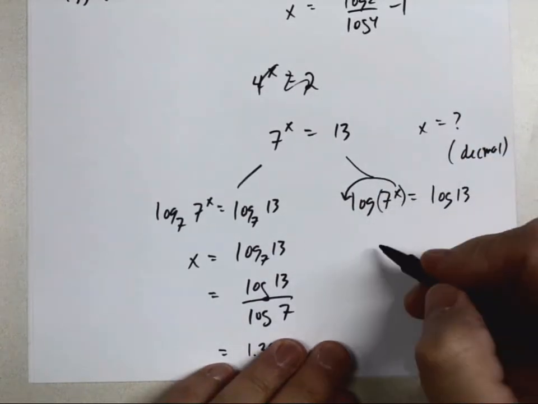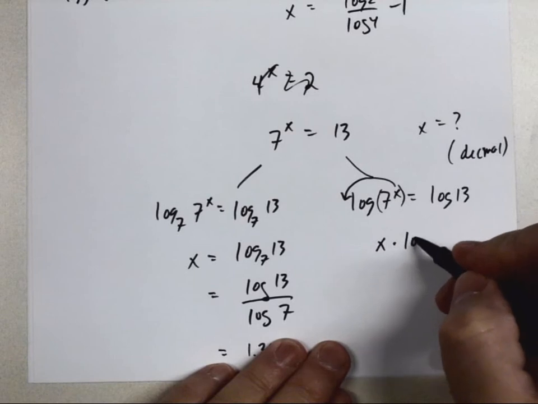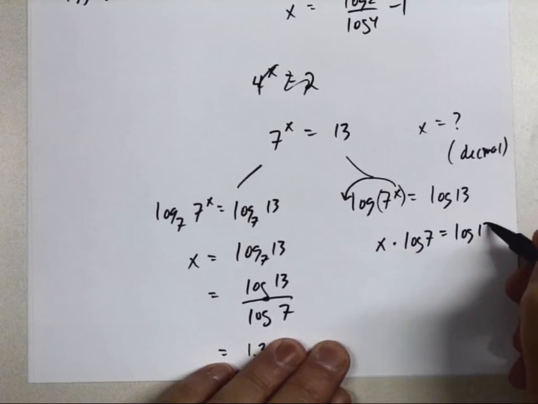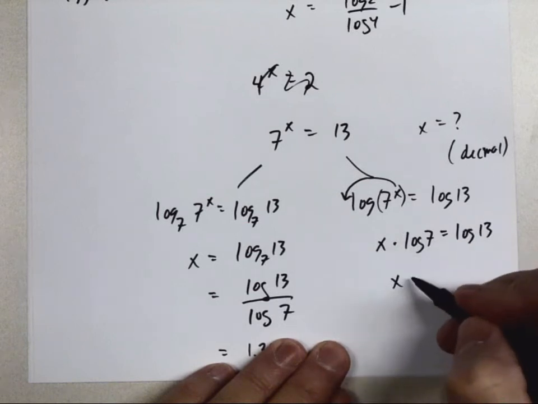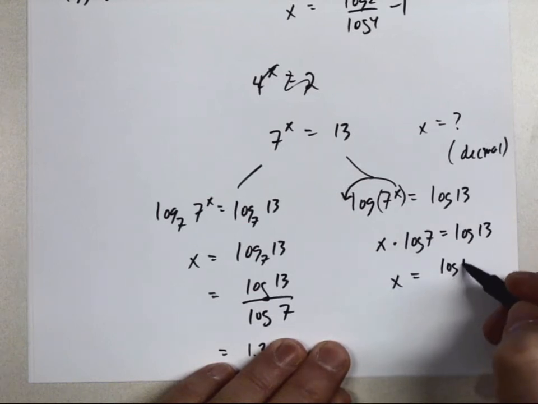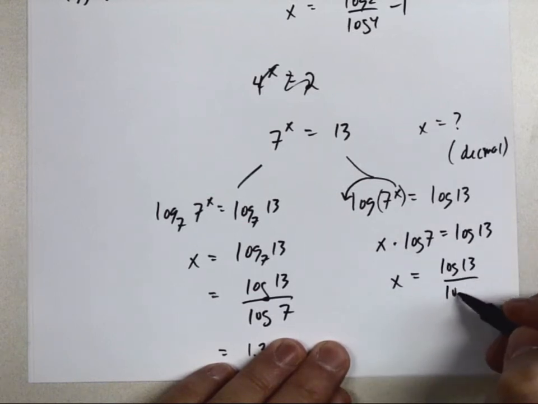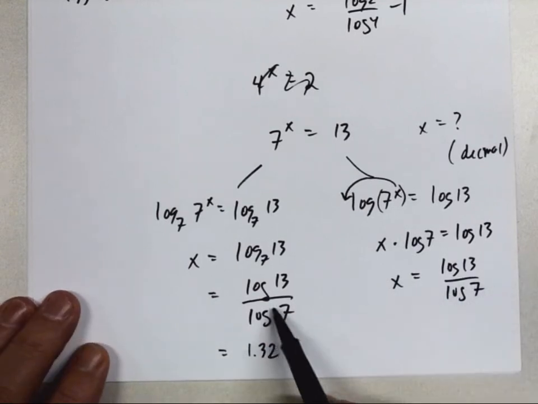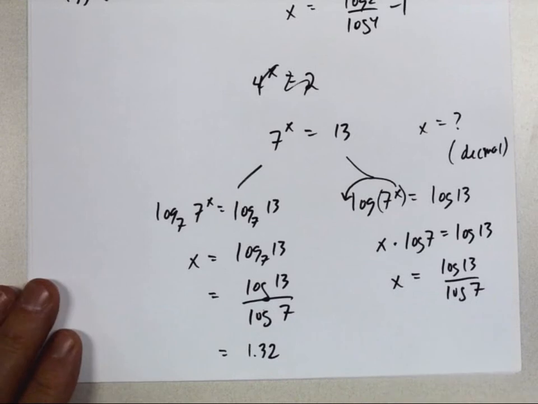I can move the x out front. And now if I want to solve for x, and actually, you know what? If I look over here, I get the same thing.